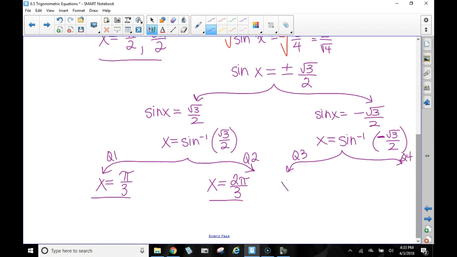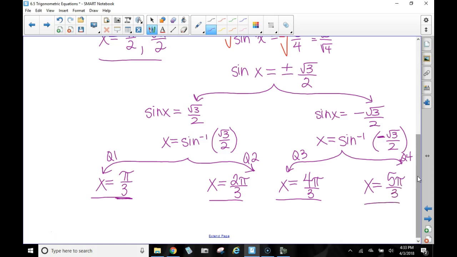It's going to have the same reference angle of pi over 3, but the angle that has a sine value of negative square root of 3 over 2 in quadrant 3 is going to be 4 pi over 3. And then in quadrant 4, the angle that has a sine value of negative square root of 3 over 2 is 5 pi over 3.